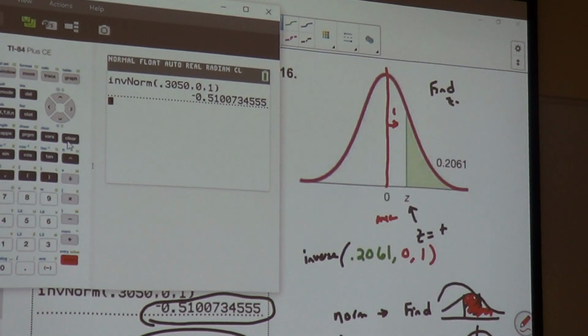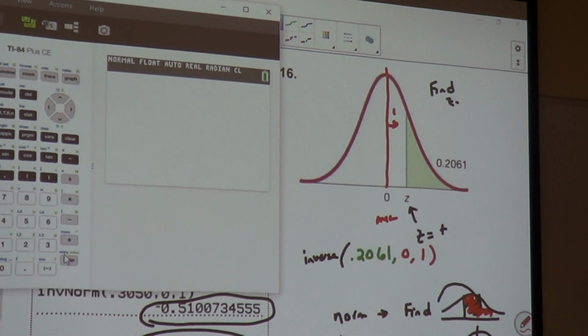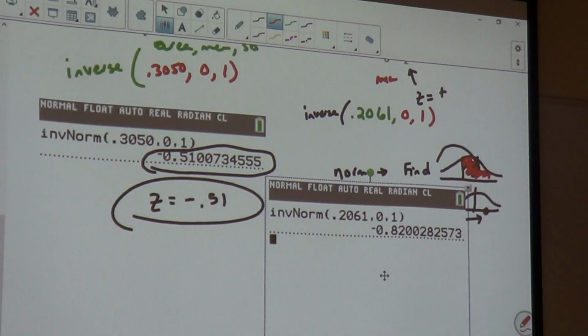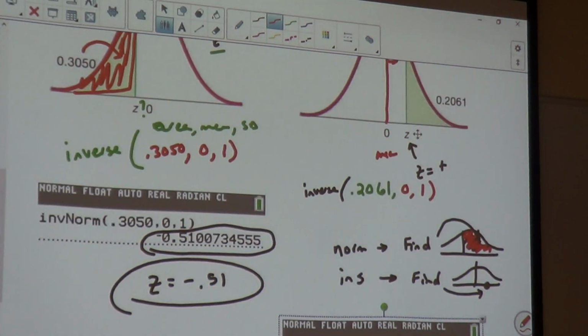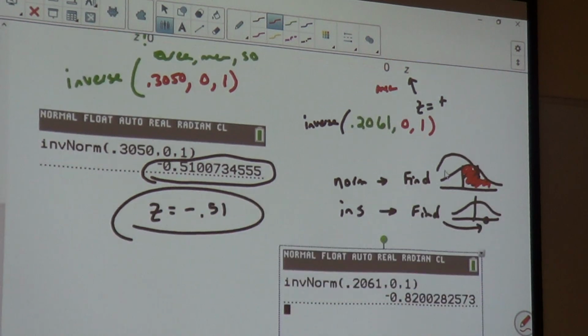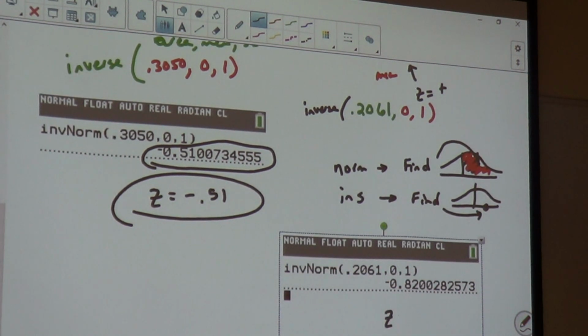I'm going to back it up so we can type over it. 2061. Now, what did you tell me about my z-score? It's going to be positive because it's on the right. So my z-score is going to be positive 0.82. Don't worry about the shading right now. You just tell me what it's going to be.